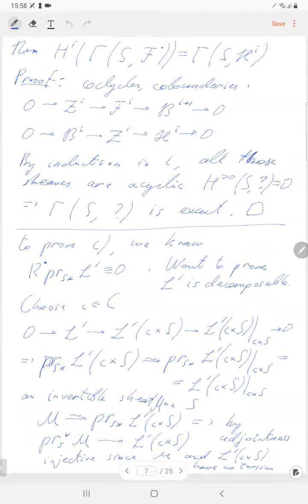That when I restrict it to our fiber, well, let me call it A, so I know that when I restrict A to this fiber, we started with E times S. Then it's just an isomorphism from M to L prime of C times S restricted to C times S. Okay.